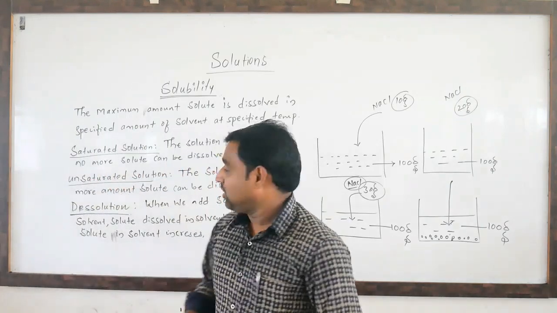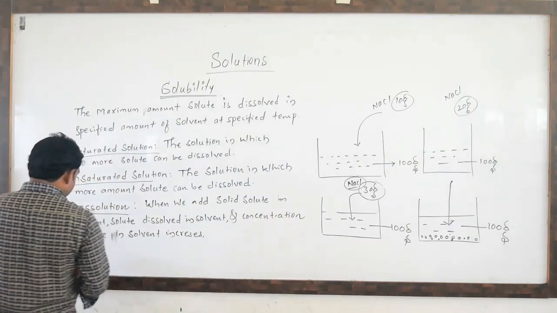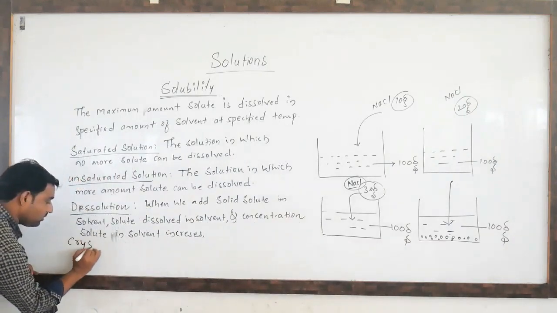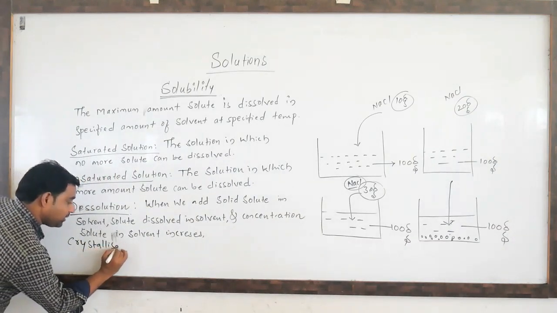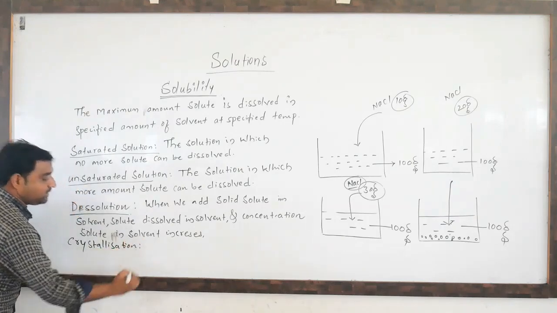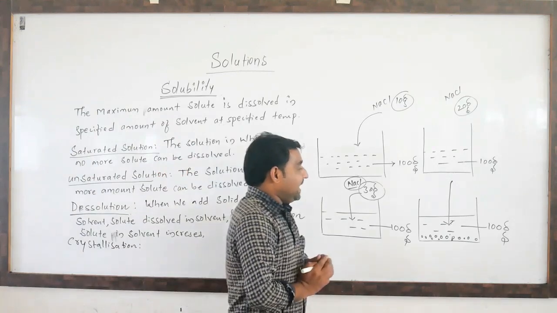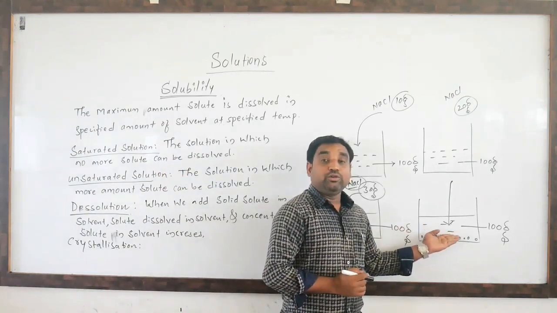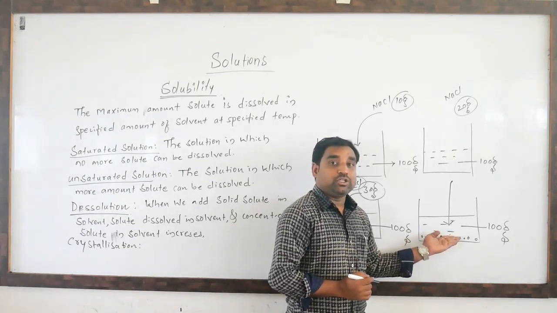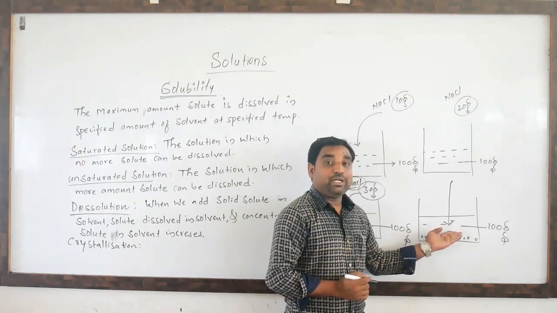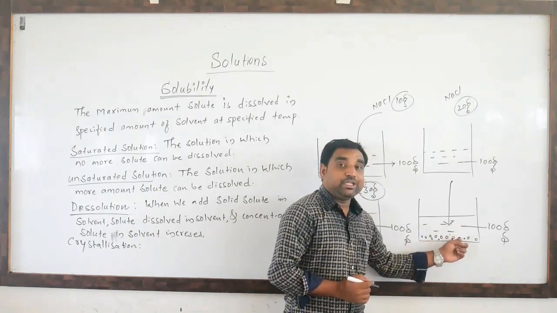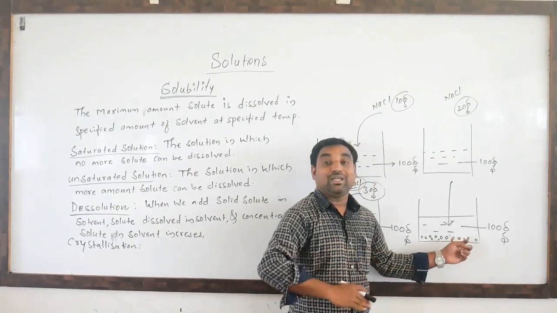And also one more, regarding crystallization. Crystallization, as we already discussed in the first PU chapter. It means when we add the solute to the saturated solution, that solute will not be dissolved; the particles will collide with each other and get precipitated as crystals.